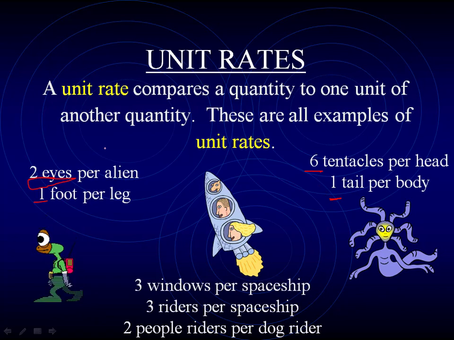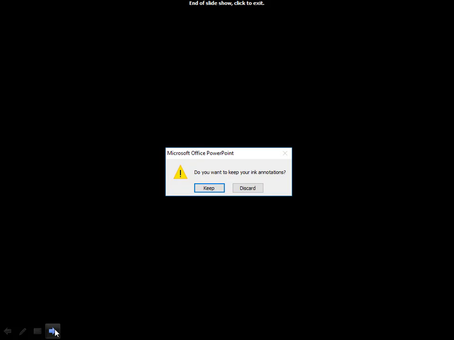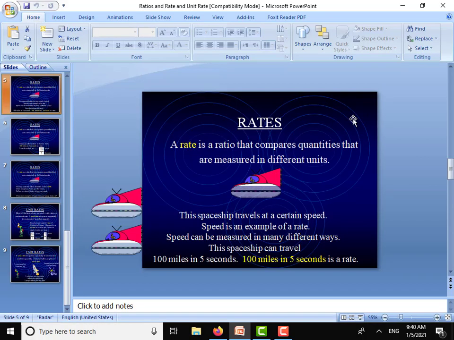Okay, so we can write here 2 eyes, 2 eyes per leg, and this is our unit of rate. So for a rate, it is very important to write the unit of it.